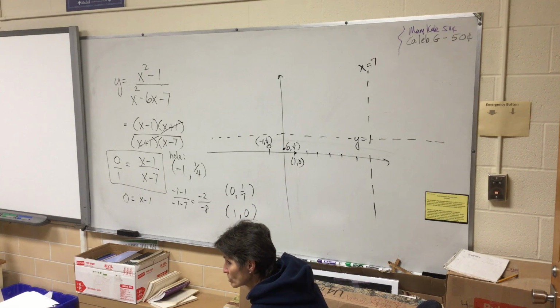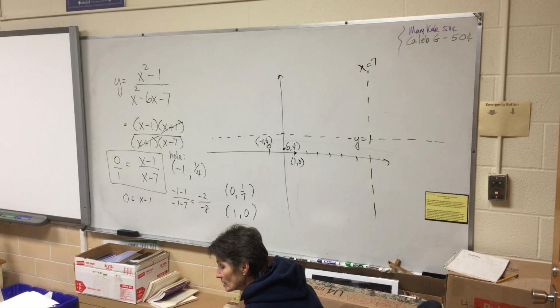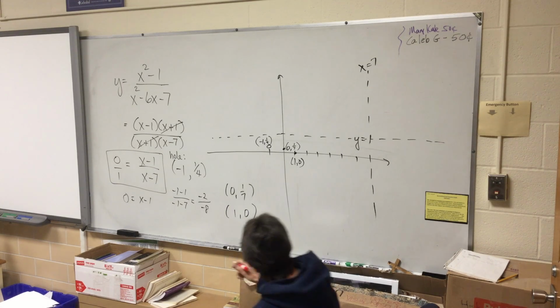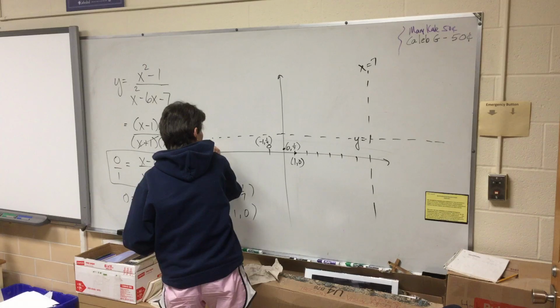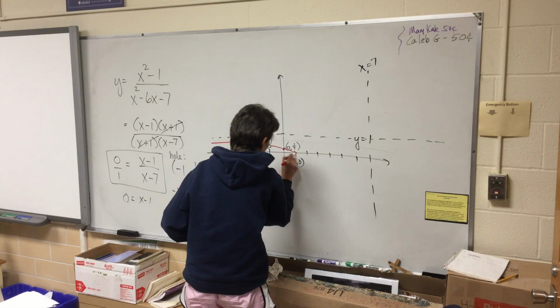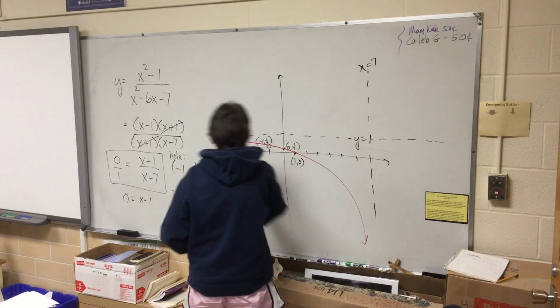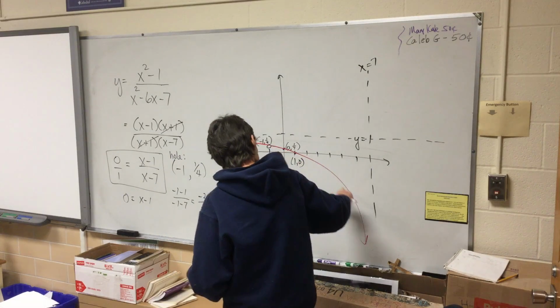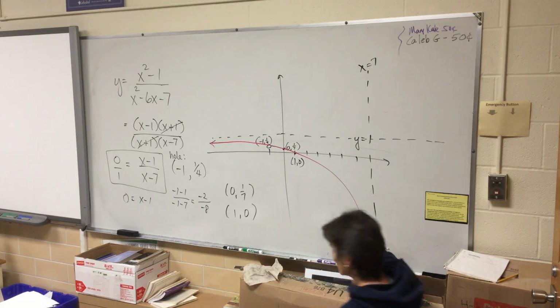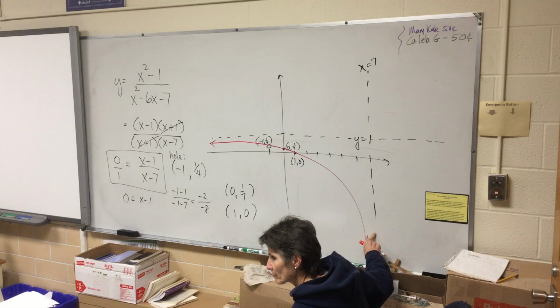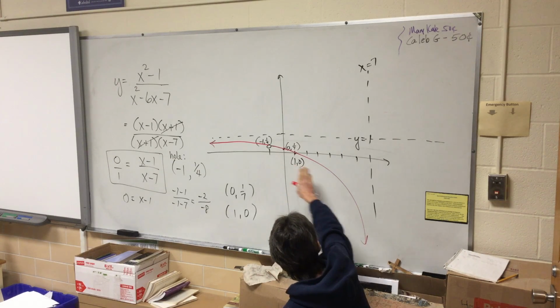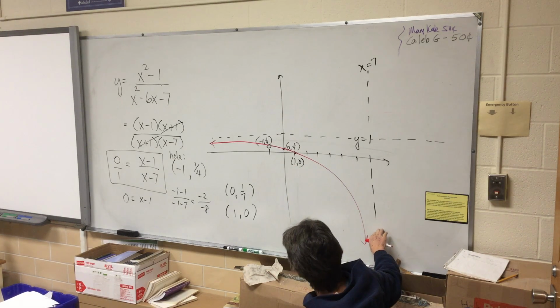What are we going to do with all those points? Go through them. We're going to connect the dots. Yeah, I love it. So here I go, connecting the dots. And I got to come clear over here because this is where my asymptote is. So I got to bring it all the way to here.